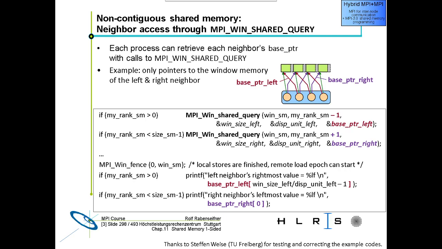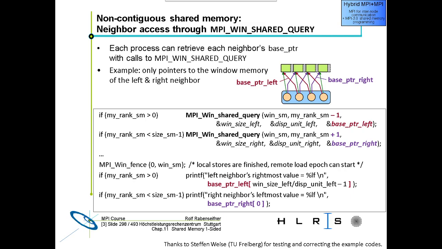And with this we take advantage of the fact that the order of the ranks has been preserved in the creation of the split communicators, the SMP communicators, and we can query the shared window in the left neighbor by indicating myRank in the shared memory communicator -1, and the right neighbor by myRankSM +1, as you can see in the code part.